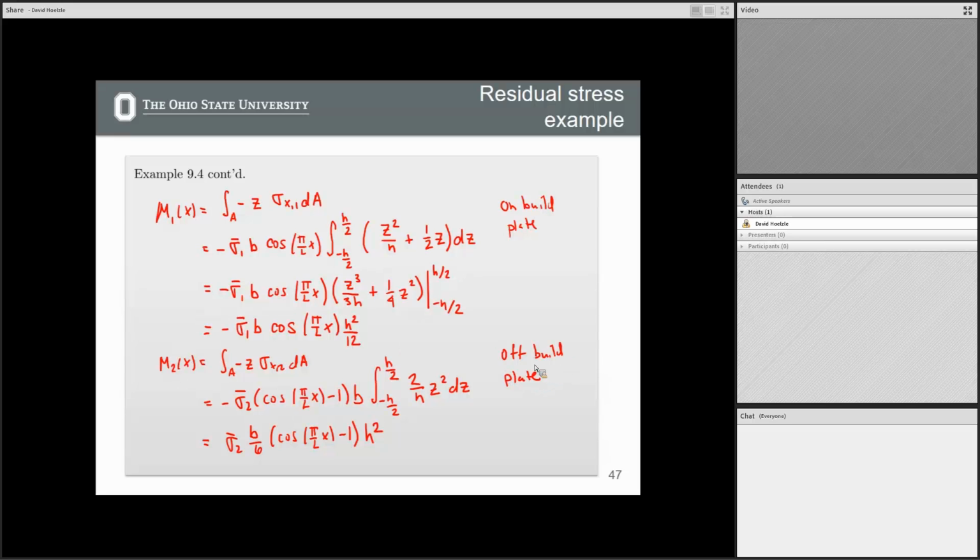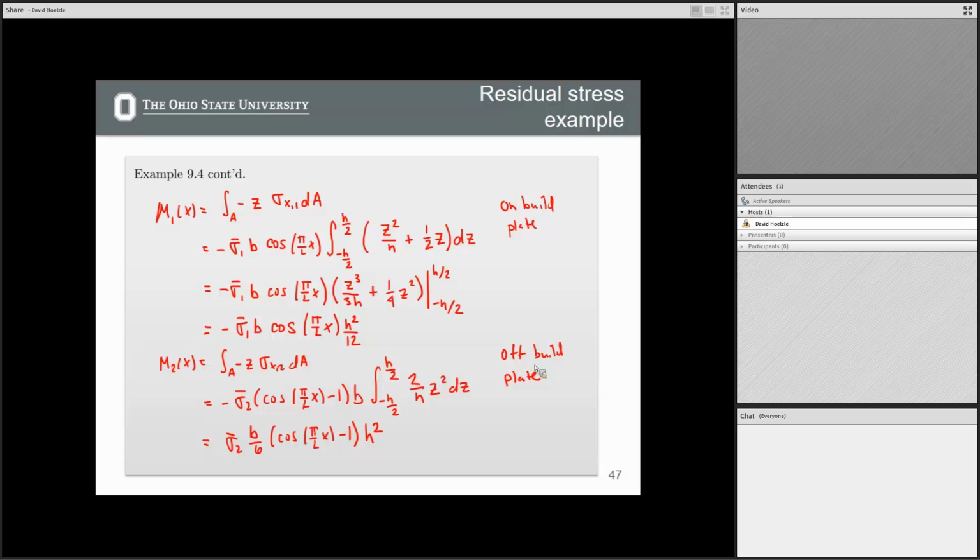Okay. So from this, we can understand what is basically the moment being provided by the build plate itself, right? By taking the difference of this.